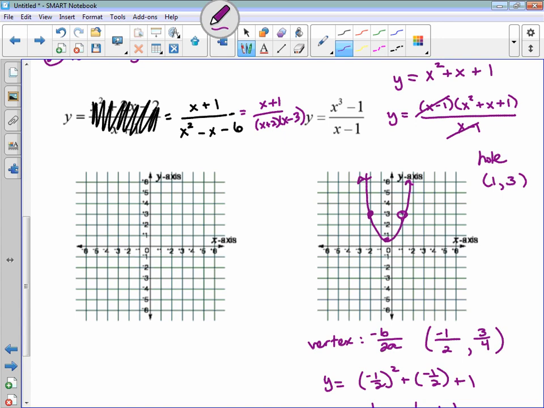So then we want to think about our vertical asymptotes. I have 2 of them this time, don't I? Where are they? 3 and -2, right?